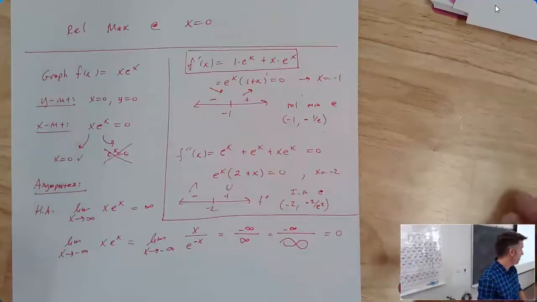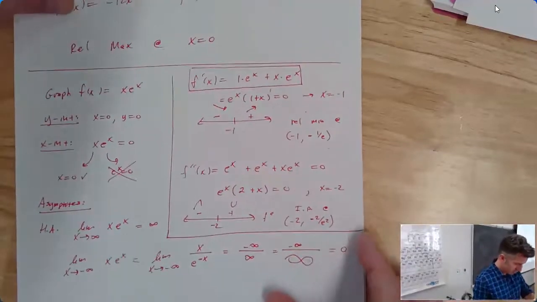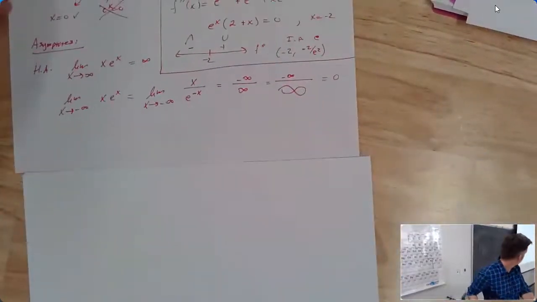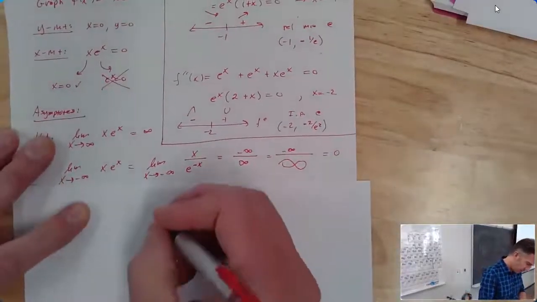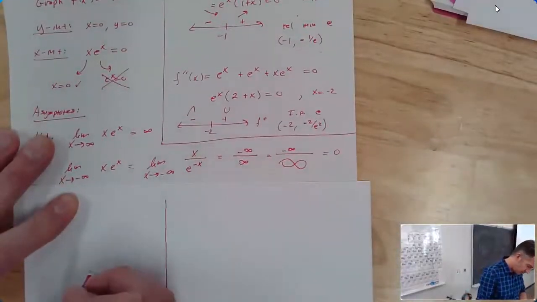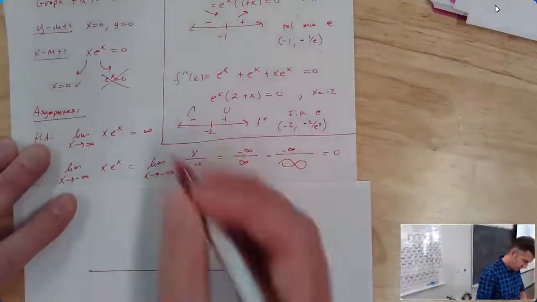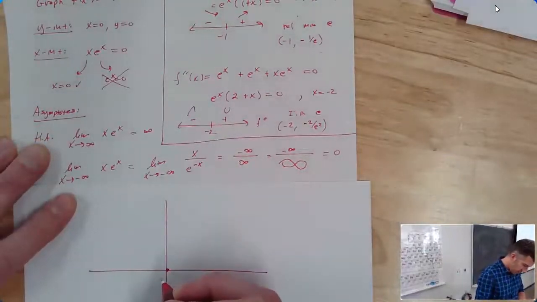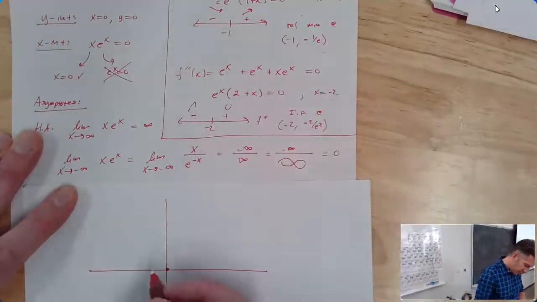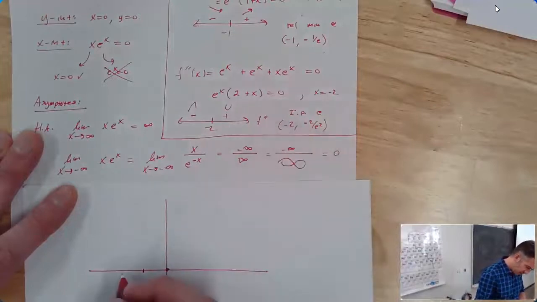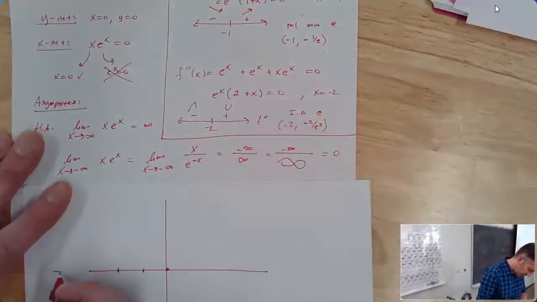Then I try to put it all together in a graph. I've got a couple of points: the point 0, 0; -1, -1 over e; and -2, -2 over e squared.